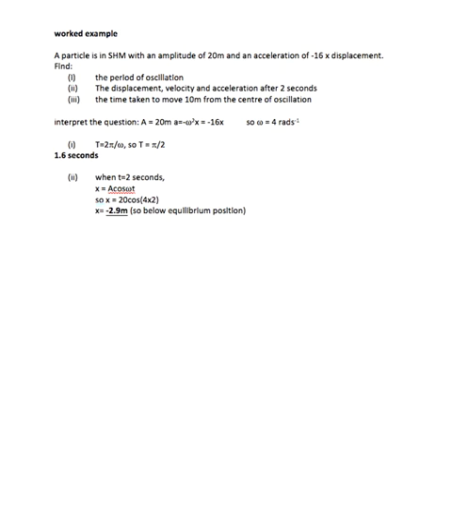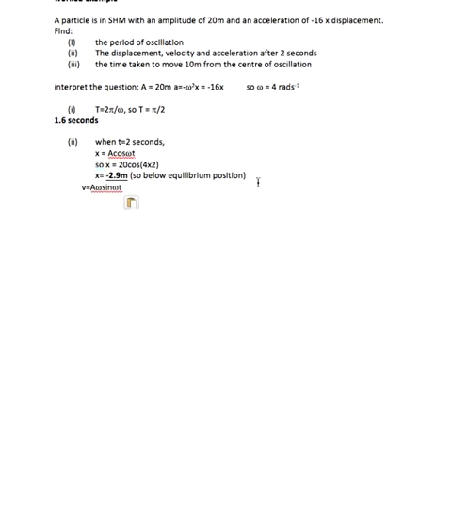Then we have our velocity. And we know that our velocity is A omega sine omega t. And so if we stick in our numbers to that, we get 20 by 4, which is A omega, sine of 4 by 2, which gives us 79 meters per second.